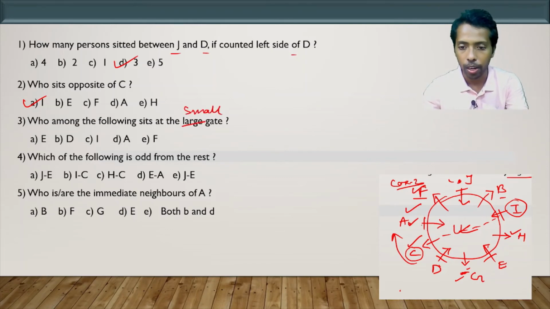So only F it should be. This is not large, small. All the rest of the options are given for large gates, so you can understand it.